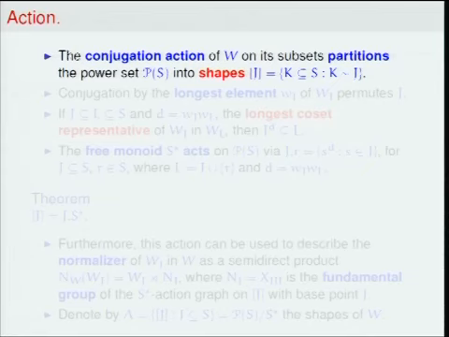These I call shapes. Like in the case of the symmetric group, where everything is labeled by partitions, this of course corresponds to the cycle shapes of elements. I write these classes in square brackets. So J in square brackets is the set of all subsets K of S which are conjugate in W to J.